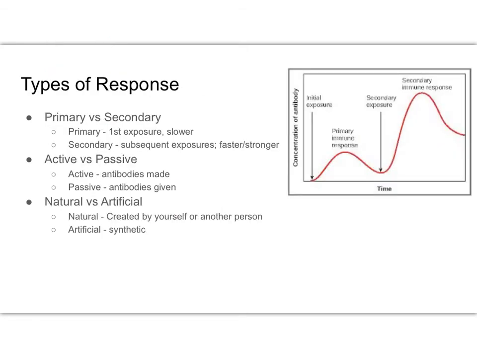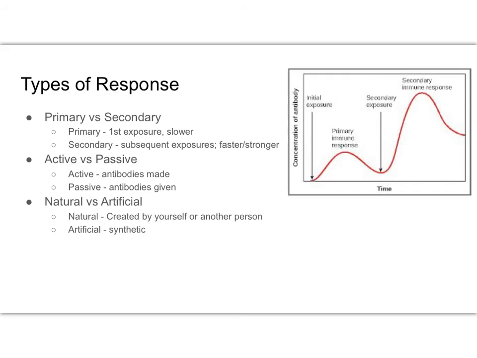So our body has a variety of responses that it can have when exposed to antigens. The first set would be either it's going to have a primary or a secondary response. The primary response is going to be that first response, as in the first time it's been exposed to that particular antigen.